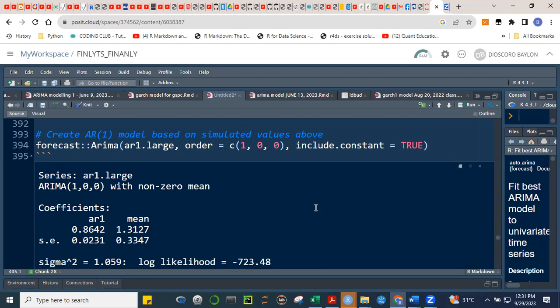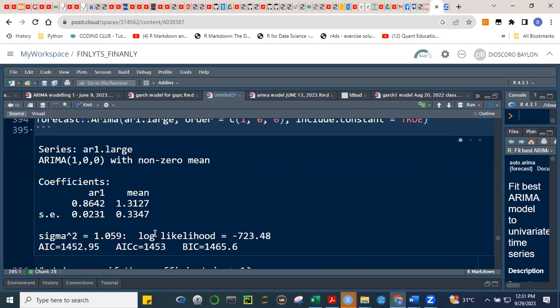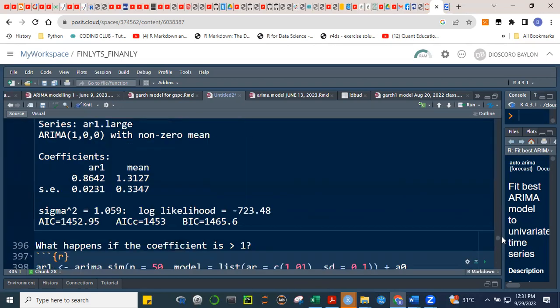Okay? Quite close, 0.9 kanina, di ba? Right? Ang mean natin 1.3127, ang ginamit natin 1. Okay? So it's because 500 lang yung observations natin, relatively small. Kung linakihan natin yung sample class, mas ma-approximate na talaga yung 0.9.